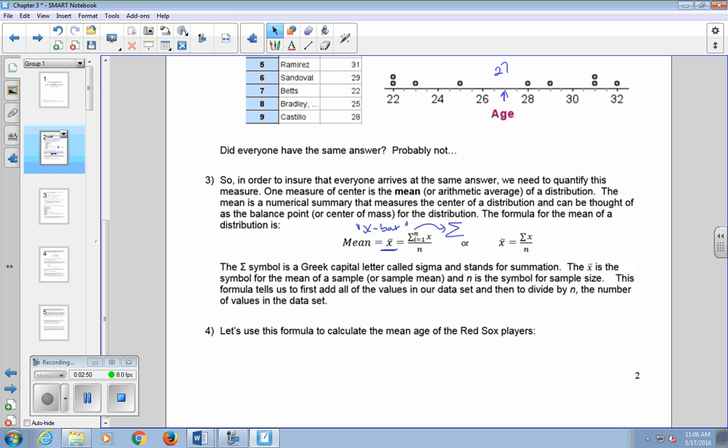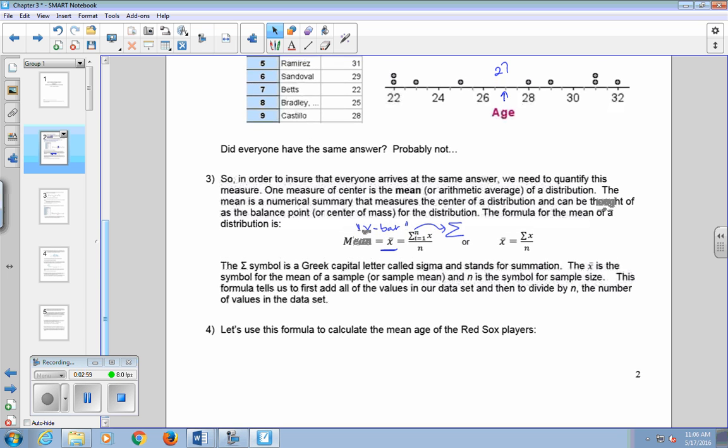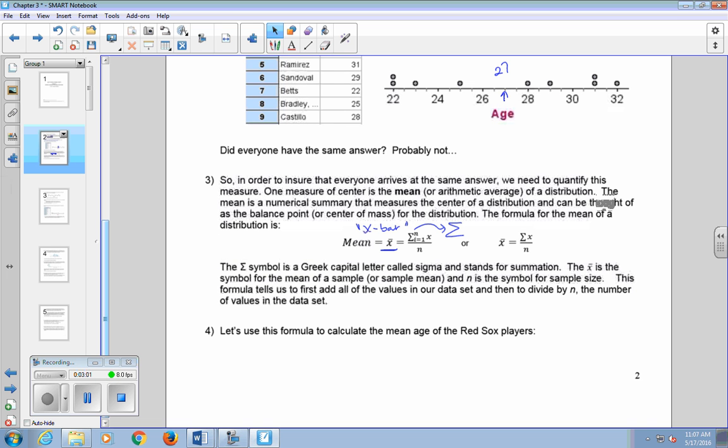So we're going to use the formula to calculate the mean age of the Red Sox players. So we would have to add them all up, 31 plus 23 plus 22 plus, and we keep adding all of them up, plus 28, which you can pause the video and give this a try.